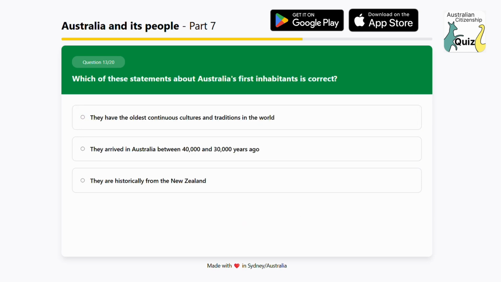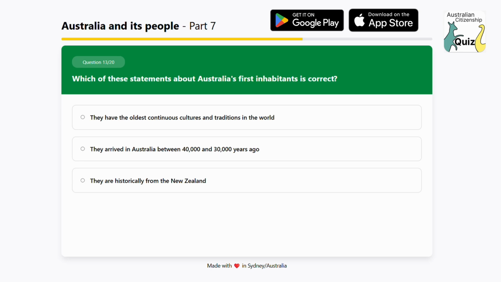Which of these statements about Australia's first inhabitants is correct? Option 1. They have the oldest continuous cultures and traditions in the world. Option 2. They arrived in Australia between 40,000 and 30,000 years ago. Option 3. They are historically from New Zealand.